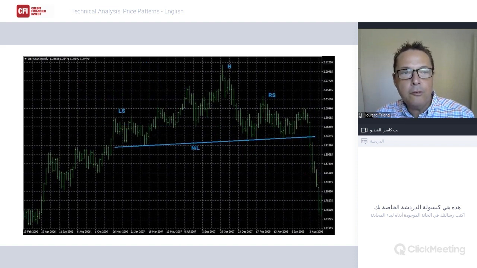Another example here, this is sterling dollar, cable, a weekly chart again. And the market is in a nice healthy uptrend, making higher highs and higher lows like this, higher highs, higher lows, higher highs and higher lows. And then eventually the market tops out above 210, 211, tops out and breaks all the way back down towards this support level here.